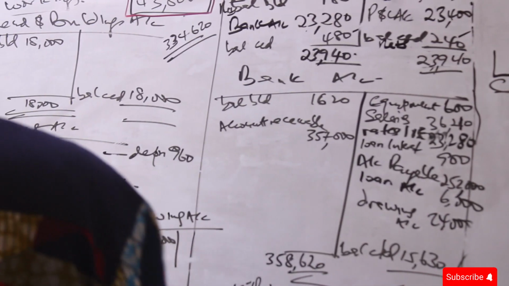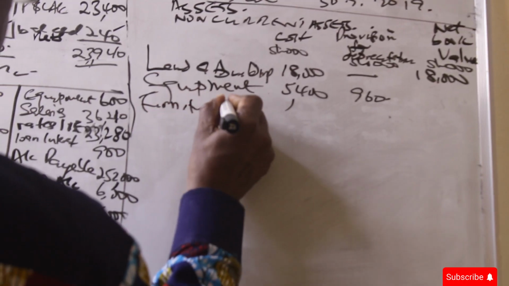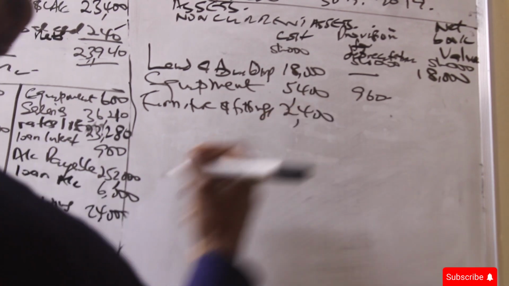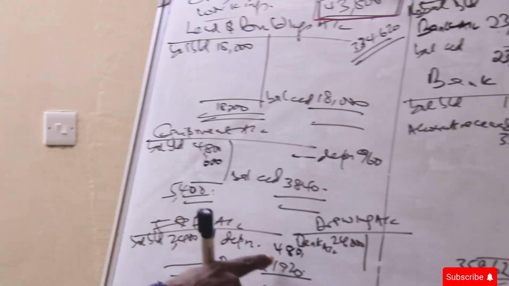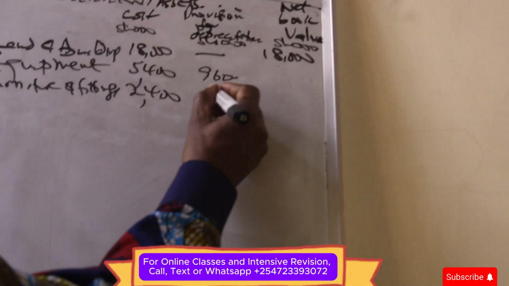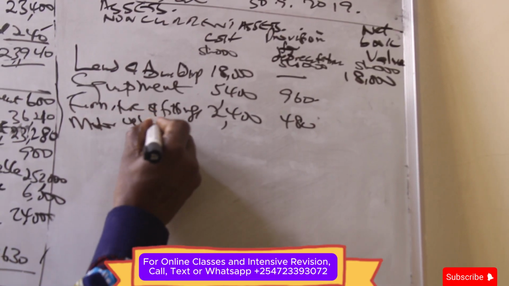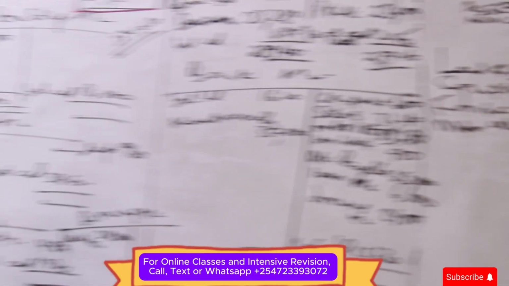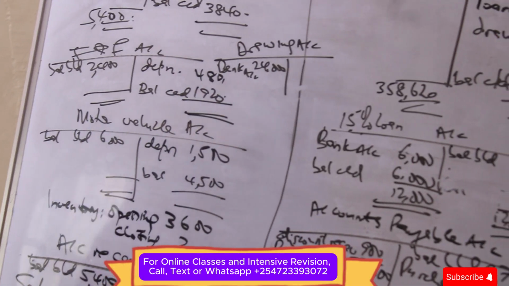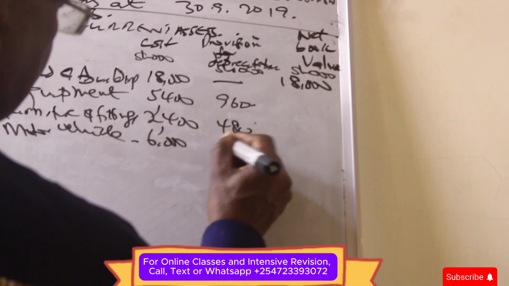Furniture and fittings is 2,400 and the depreciation is 480. Motor vehicle is 6,000 and the depreciation is 1,500.